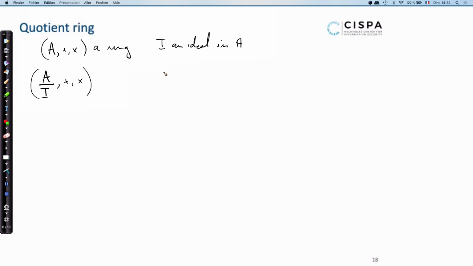So we are given two elements x and y in A. We say that x is congruent to y modulo an ideal I if and only if x minus y belongs to the ideal.